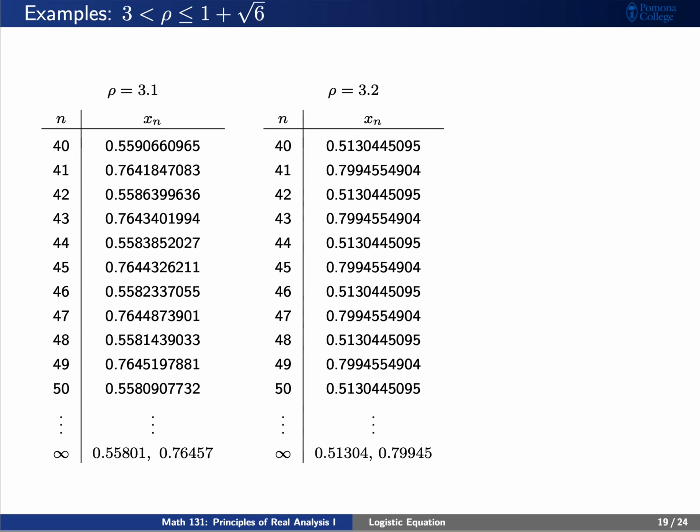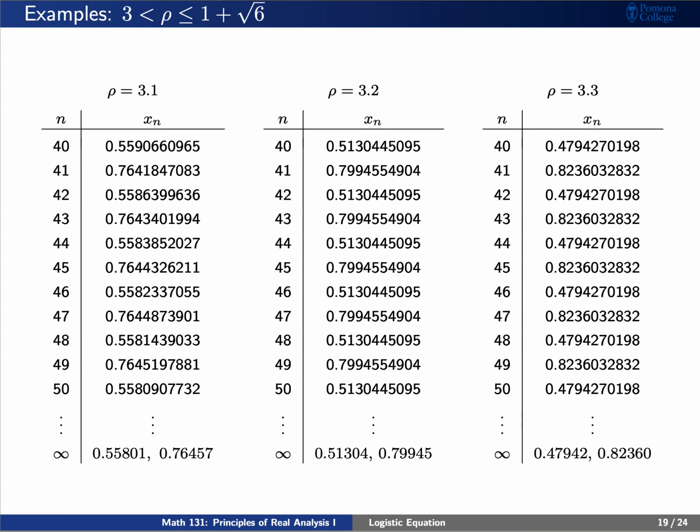Similarly, when rho is equal to 3.2, the numbers in our sequence bounce back and forth between two different values, namely 0.513 and 0.799. The same thing happens when rho is 3.3. Our values seem to be bouncing back and forth between two different quantities, 0.479 and 0.823.